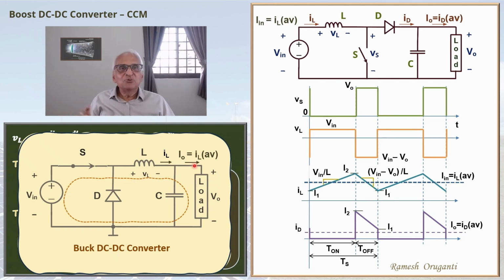In the case of the boost converter, the input voltage is directly connected to the output load via the inductor during the T-off interval. Here the inductor voltage adds to the source voltage during the interval T-off when the energy is transferred from the source to the load. The inductor here boosts the input voltage.